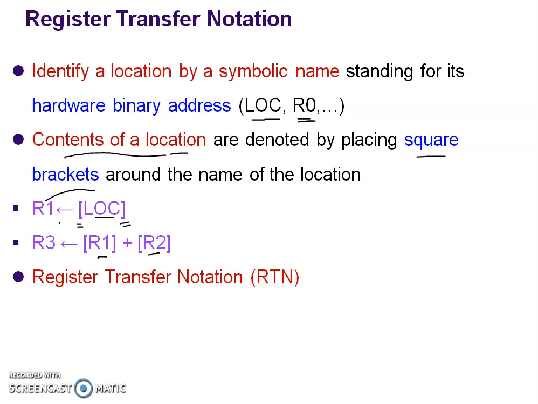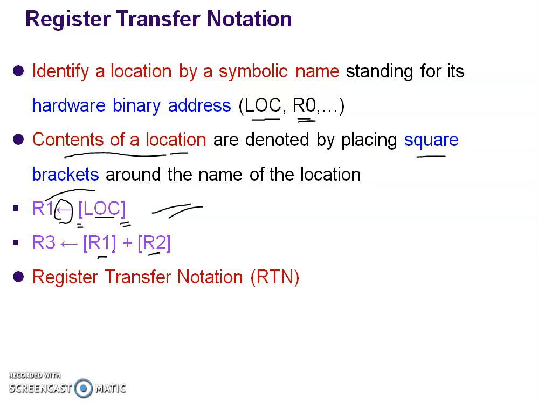One more thing is that it will have a left hand side and a right hand side separated by a left arrow symbol. This is a form of representing the register transfer notation. R1 arrow LOC means that the content from the location LOC is transferred to R1.